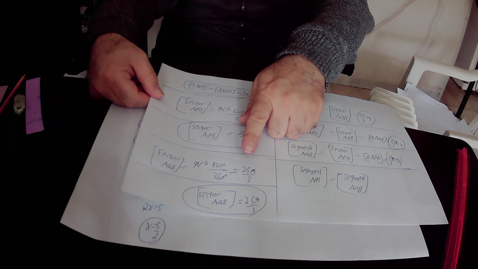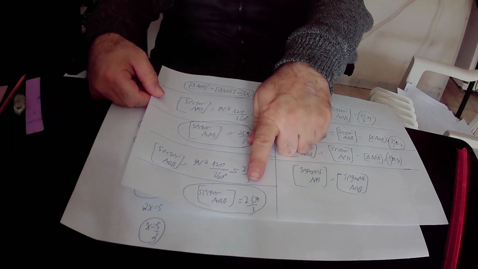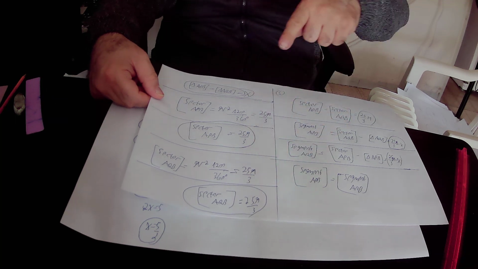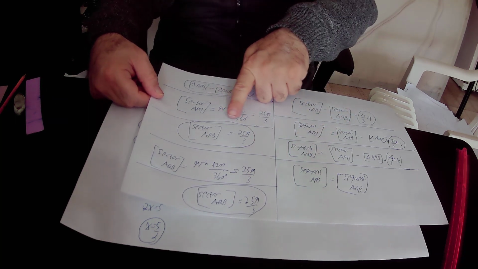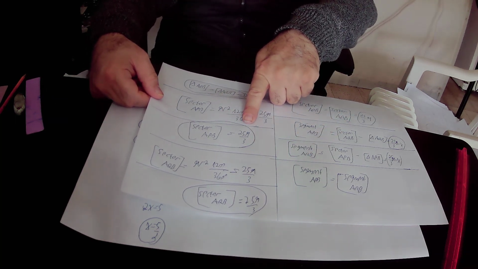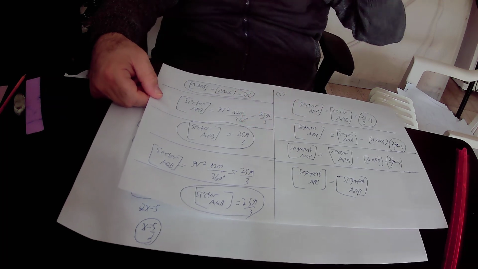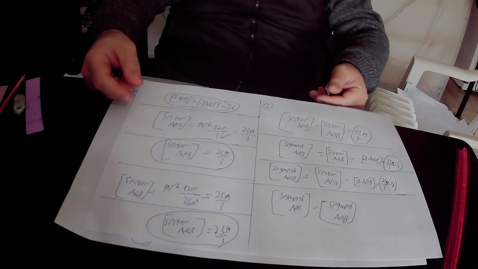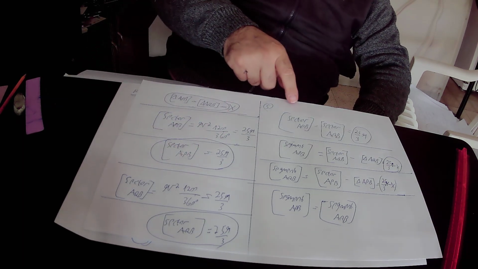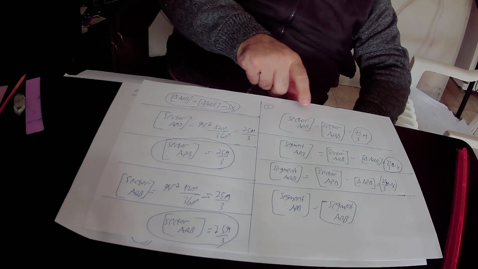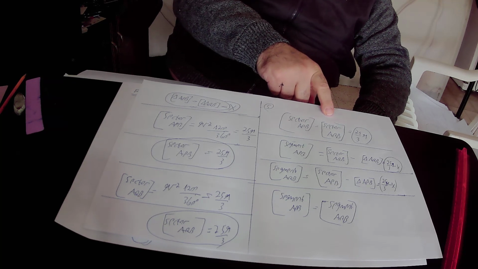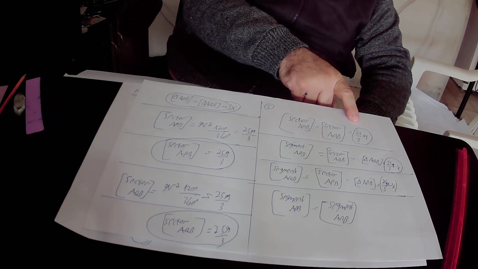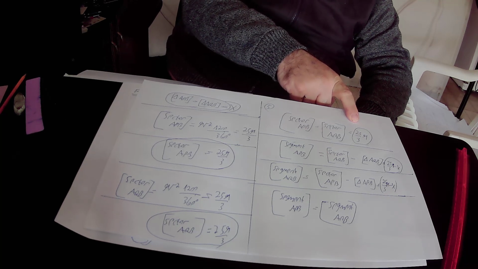So the area of sector AQB also equals 25 pi over 3 square units, exactly as the area of sector APB. From those two equations, we derive that the area of sector APB equals the area of sector AQB, and both areas are equal to 25 pi over 3 square units. Okay?